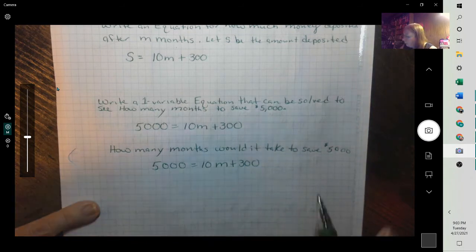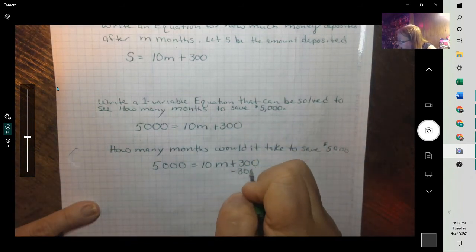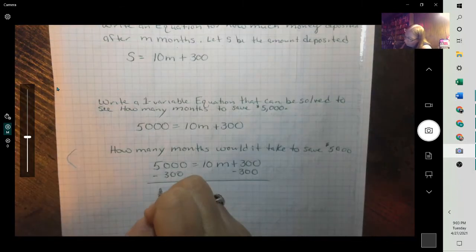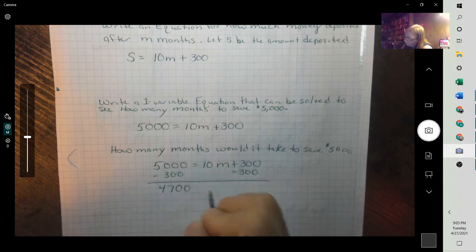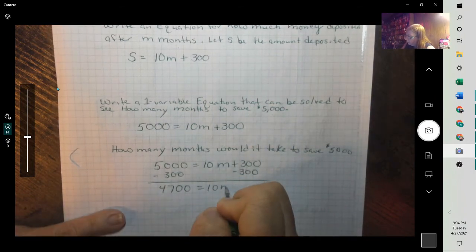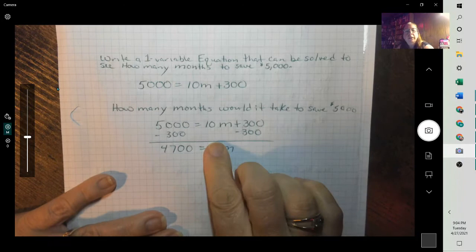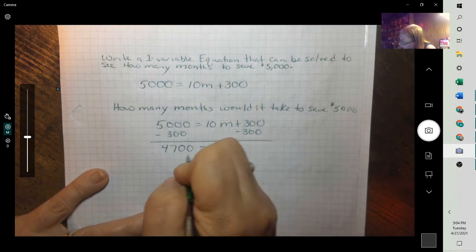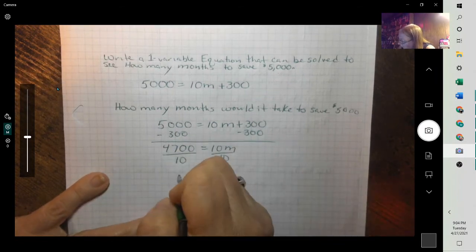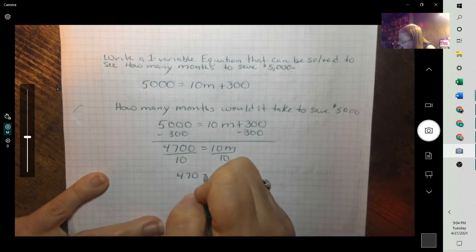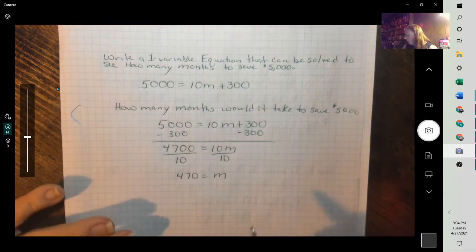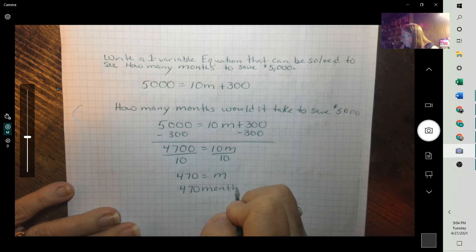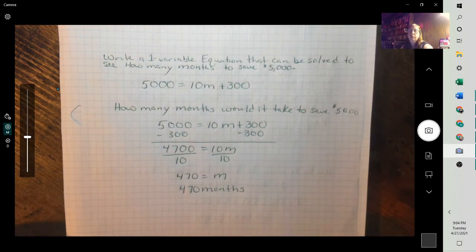Since it's plus 300, we can subtract it and get 4,700 equals 10M. Still trying to solve for M, so we can divide by 10 and get 470 equals M. So it will take 470 months to get $5,000 in the account.